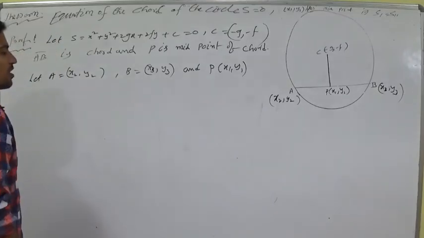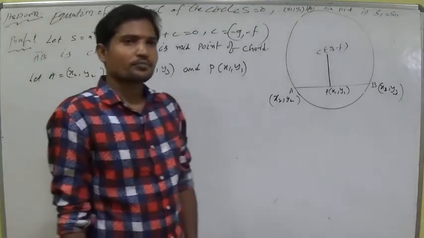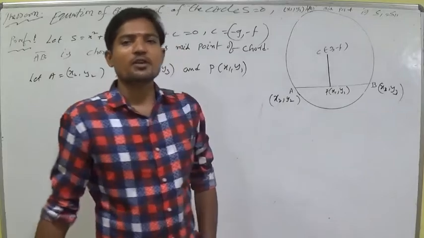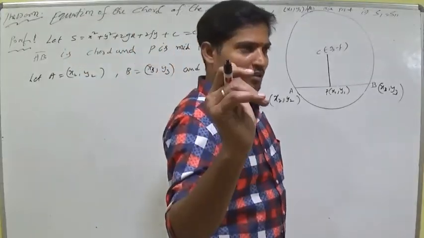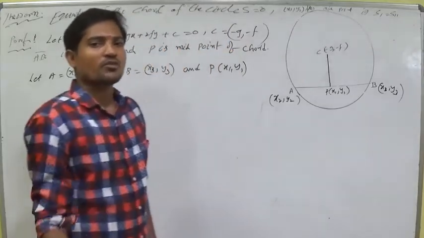Then what is the midpoint of AB? Two points are given, so the midpoint is (x1 plus x2)/2 and (y1 plus y2)/2.